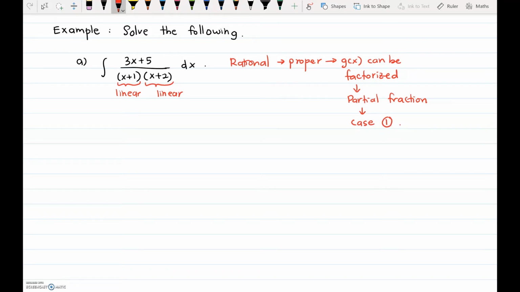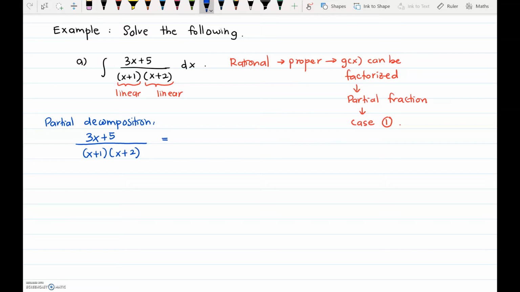Next, let's set up the partial decomposition. Firstly, we have (3x plus 5) over (x plus 1)(x plus 2). We will only set up the partial decomposition for the function without the integral sign.